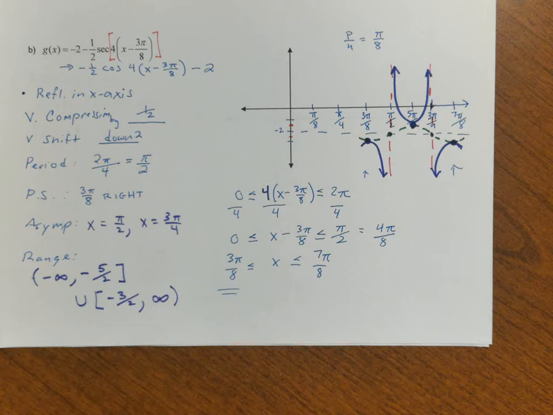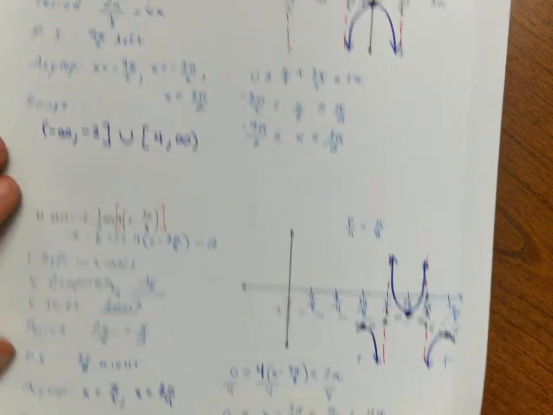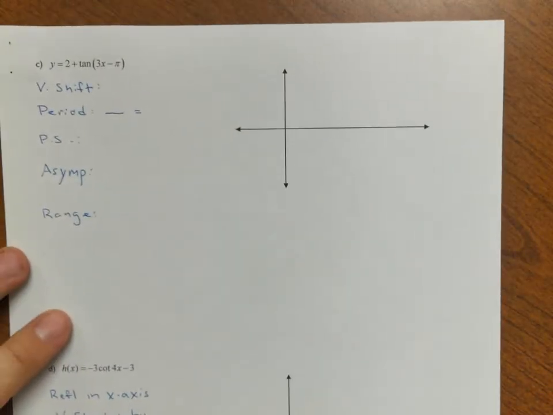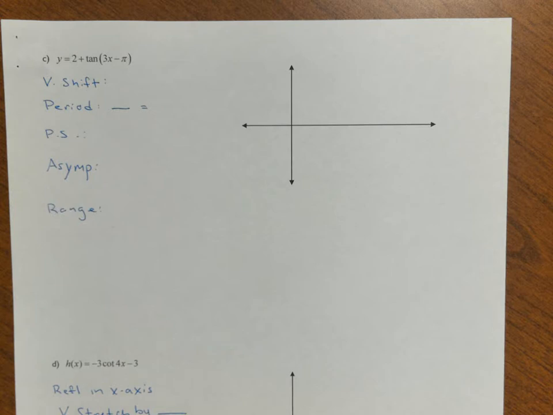All right, let's take a moment to look at a couple of tangent problems, a tangent and a cotangent. Now again, some of the principles that we used for graphing sine and cosine will still be useful here. But tangent and cotangent have some more important differences compared to sine and cosine.